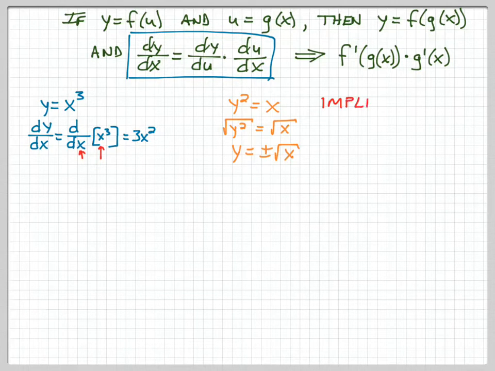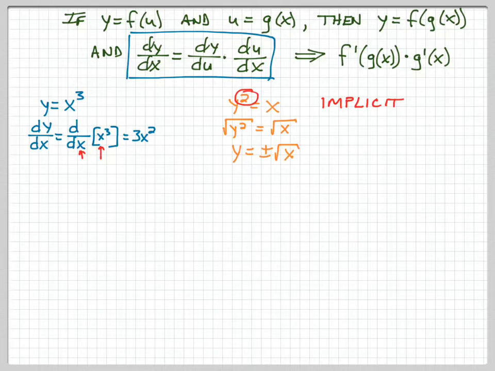Now, this first function, y squared equals x, sorry, it's not a function, it's an equation. This first equation, y squared equals x, is an implicit function, or equation. I keep on saying function. It's an implicit equation because the y is squared.